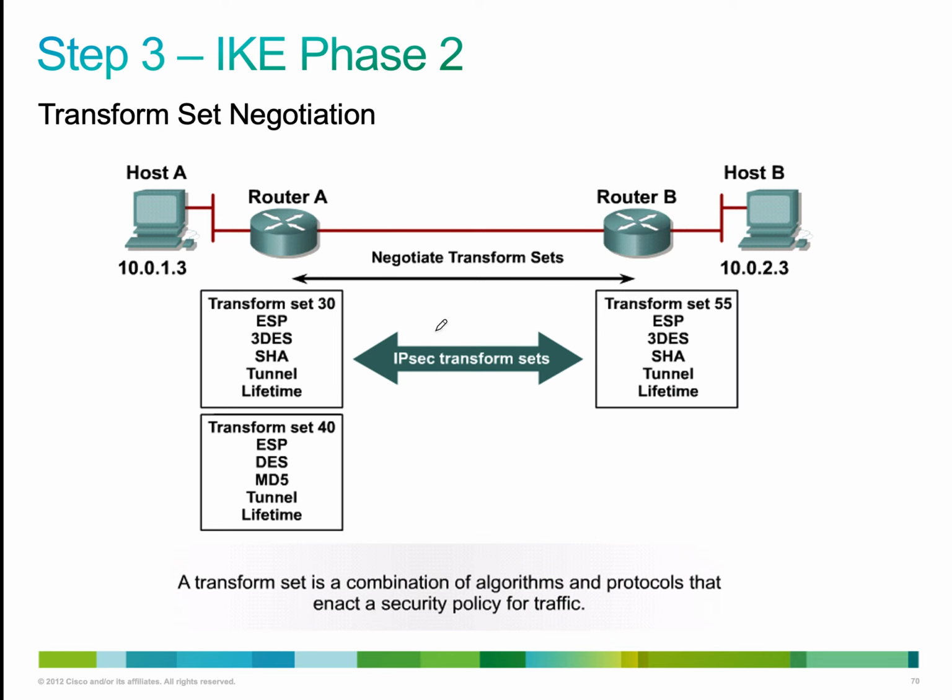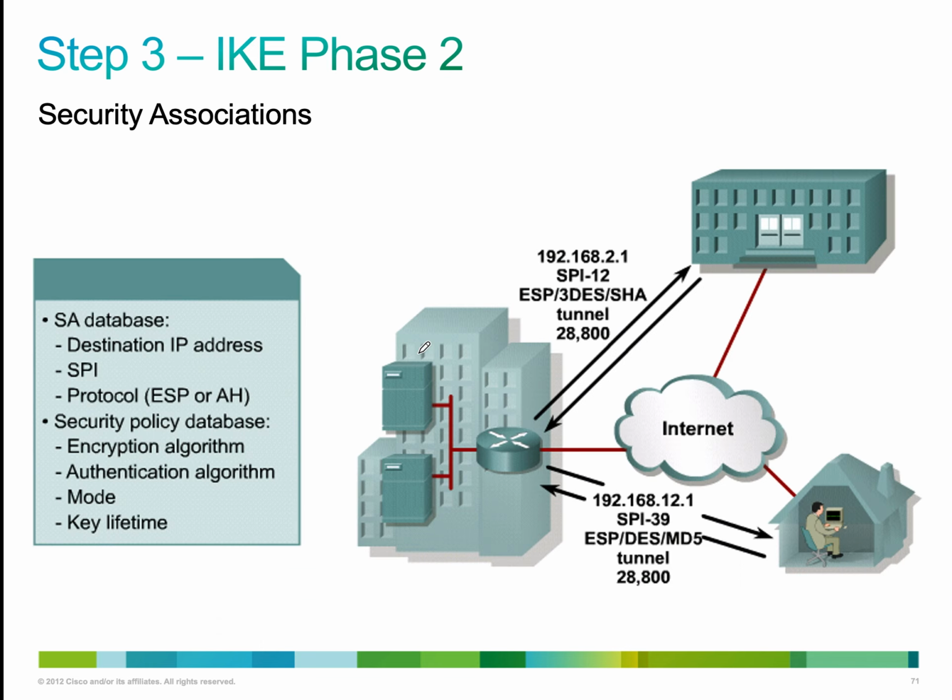So here we negotiate both the algorithms and the protocols that define this security architecture. Okay, and this is done in phase two. You can see they're negotiating, this one is negotiating with this.